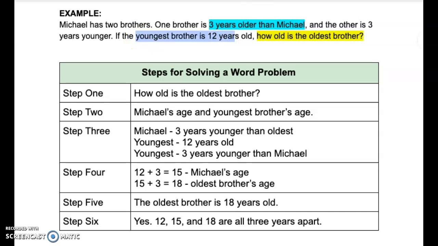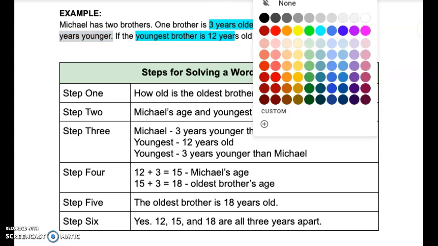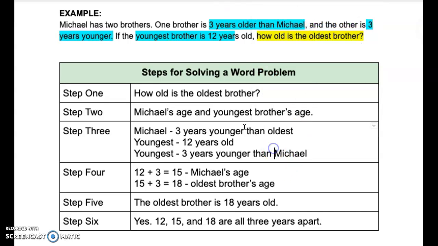That's important. And the other one is 3 years younger. So highlighting all this important information, okay? So step 2 is what is important? Michael's age and the youngest brother's age, because we're going to use that to figure out how old the oldest brother is.